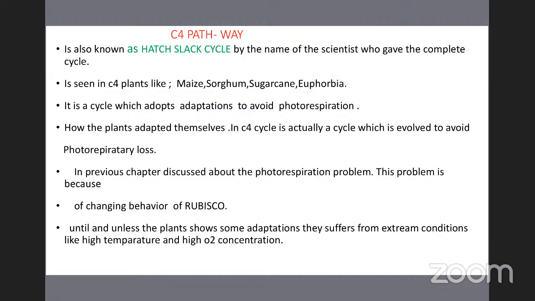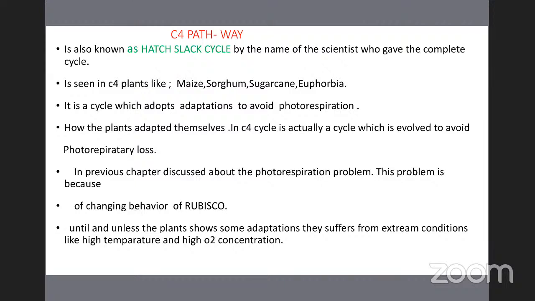This changing behavior supports photorespiration, which is a hurdle for normal plants. To escape from this problem, C4 plants show some adaptations.